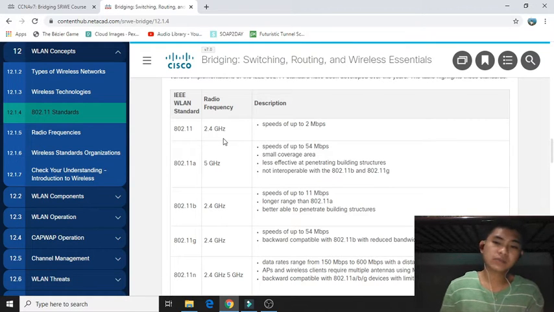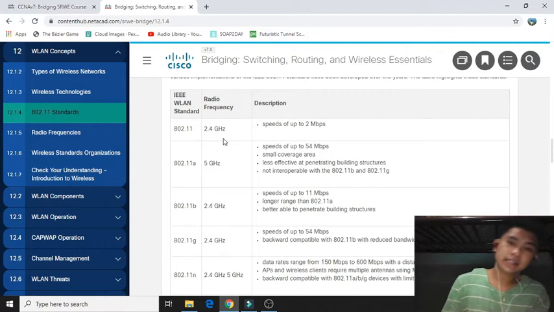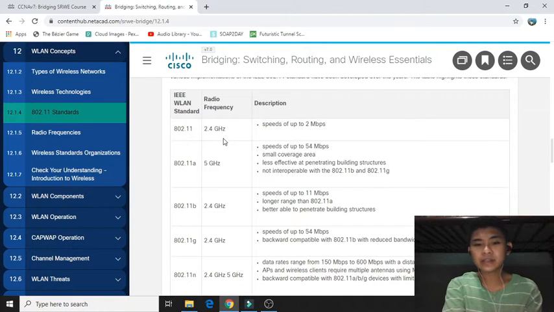It only covers a small coverage area, is less effective at penetrating building structures, and is not operable with 802.11b and 802.11g. Next is the 802.11b, which has a radio frequency of 2.4 GHz and speeds of up to 11 Mbps, with longer range than 802.11a and better ability to penetrate building structures.